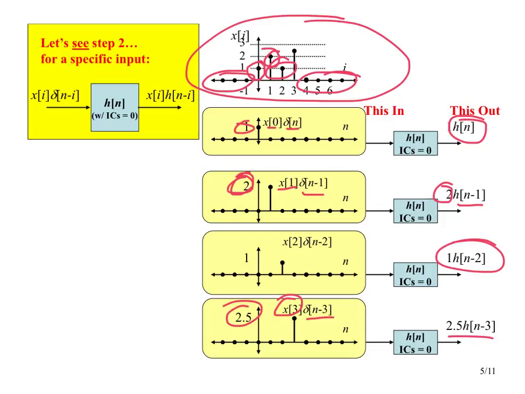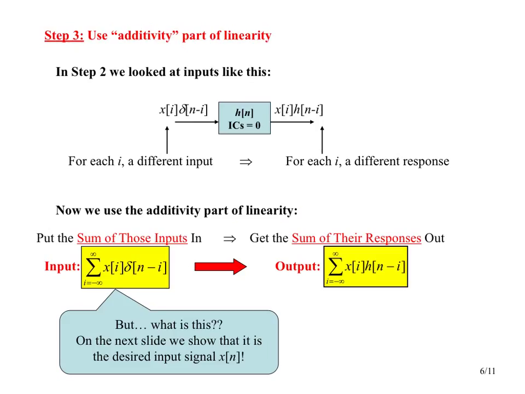Okay, so this thing is beautiful now. We've just illustrated step number 2, and then the key thing is step number 3, where we're now going to use the additivity part of linearity. So we figured out in step number 2 that if we put in an input that looked like this, the output would come out like that.